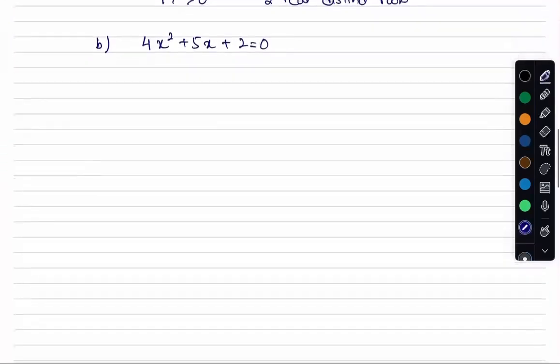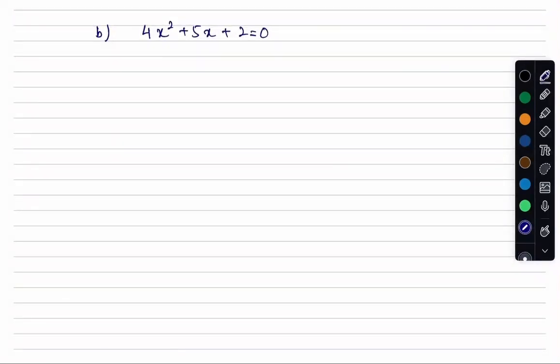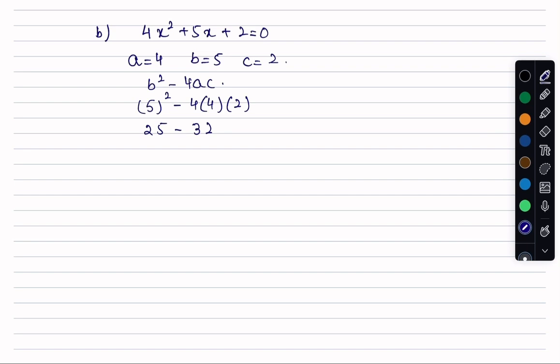So let's find the discriminant, with a as 4, b as 5, and c as 2, b squared minus 4ac. This is going to be 5 squared minus 4 times 4 times 2, which gives 25 minus 32, and my answer is negative, which is less than 0.